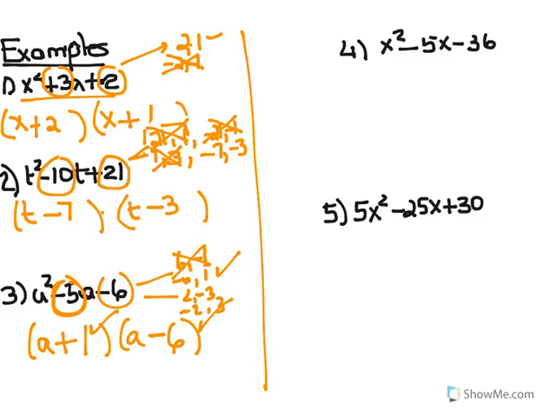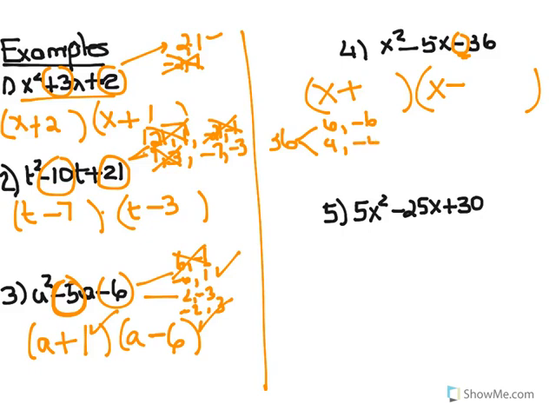Let's go with x squared minus 5x minus 36. So I have x and x, correct? And then I have to look for two numbers that give me negative 36. So it's going to be a positive and a negative. That's the only way to get a negative: two different signs. So how can I factor 36? 36 can be factored into 6 and negative 6, right? 9 and negative 4, negative 9 and 4, negative 36 and 1, and 36 and negative 1.